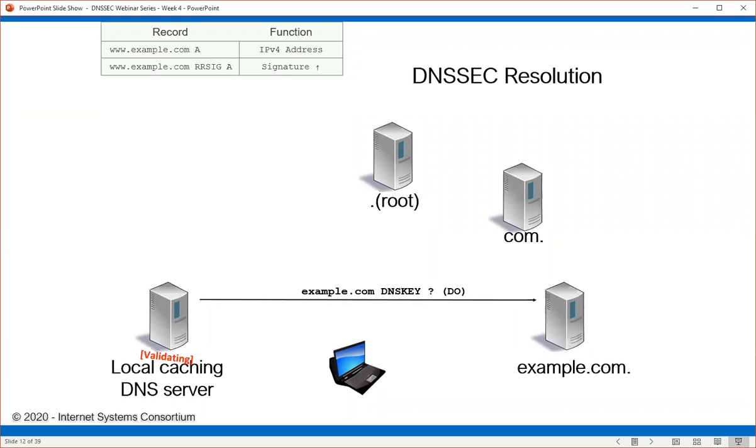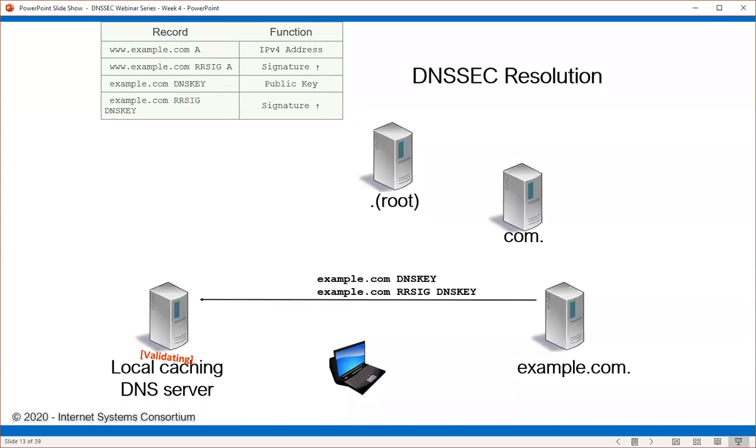So we ask this with the DO bit set, and example.com provides us back the DNS key record and again a signature on that DNS key resource record. So in our little storage area, we now have the A record and the signature on the A record.